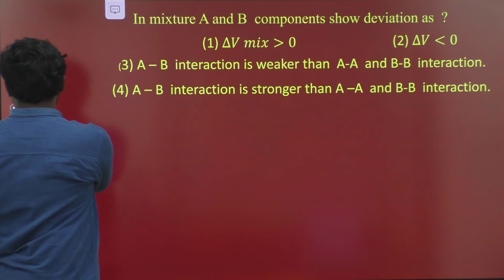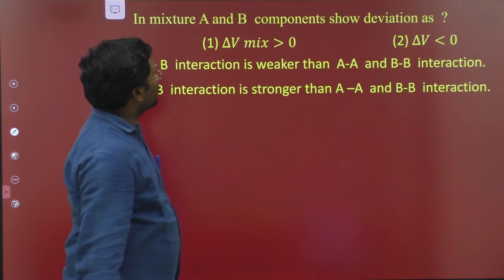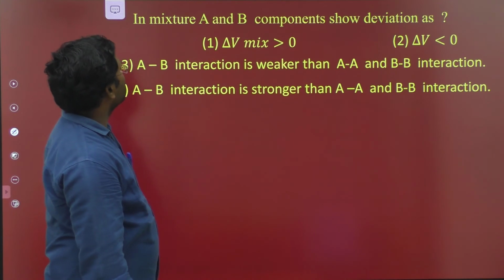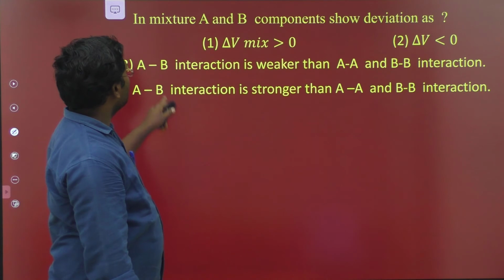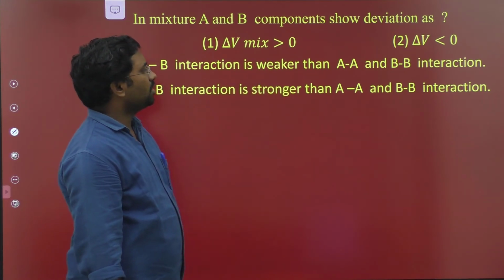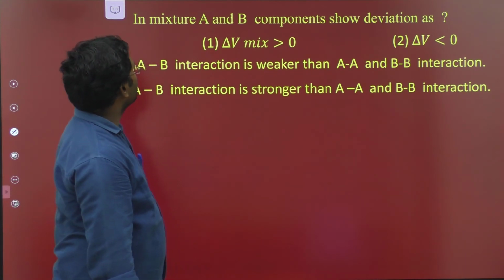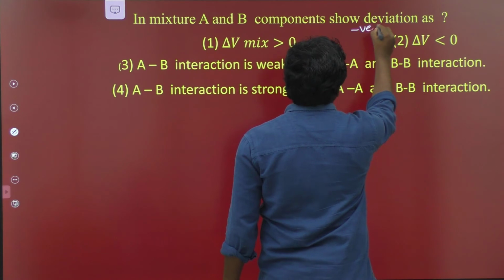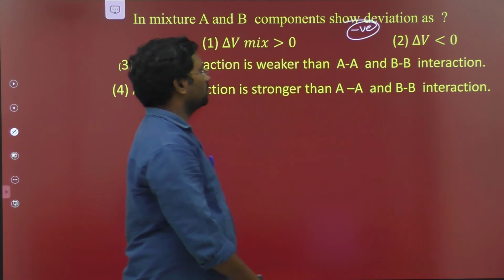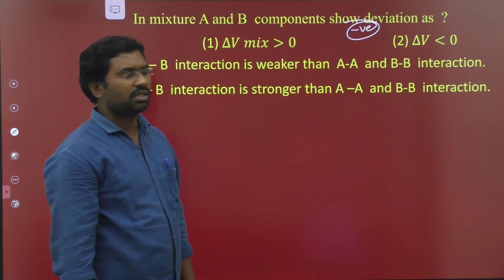And come to the next question. In a mixture A and B, components show deviation, as delta V mix greater than 0, delta V less than 0. AB interaction is weaker than AA and BB interaction. AB interaction is stronger than AA and BB interaction. Here the negative deviation is what is missing. Since the solution exhibits negative deviation, what are the conditions?